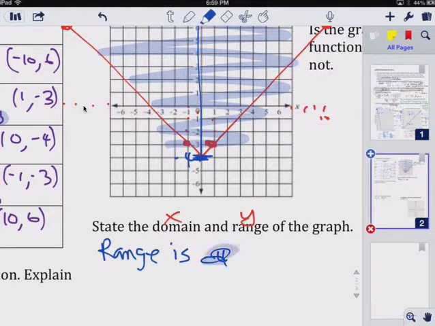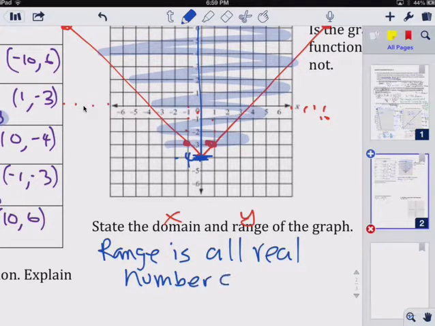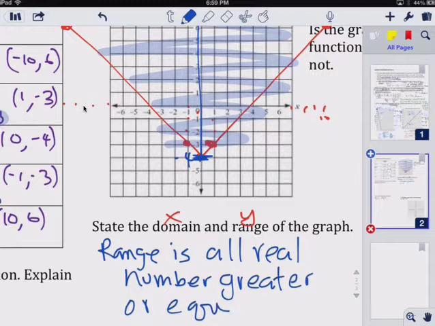Range is, you say, all real numbers, actually you say all real numbers greater than or equal to -4.